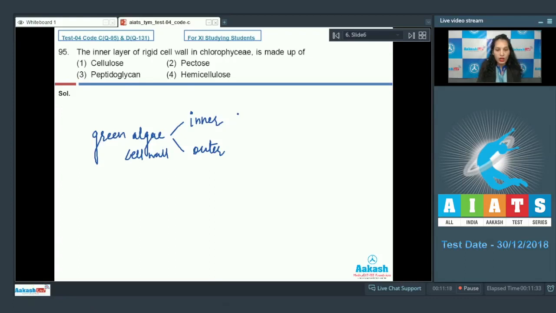The inner cell wall is made up of cellulose and the outer is made up of pectose. So the second option is ruled out as it is the outer layer, not the inner one.